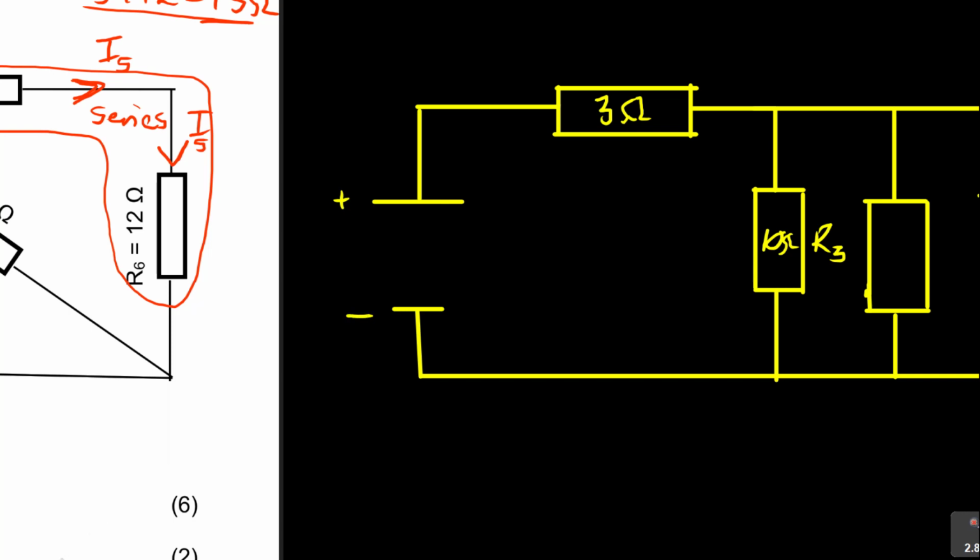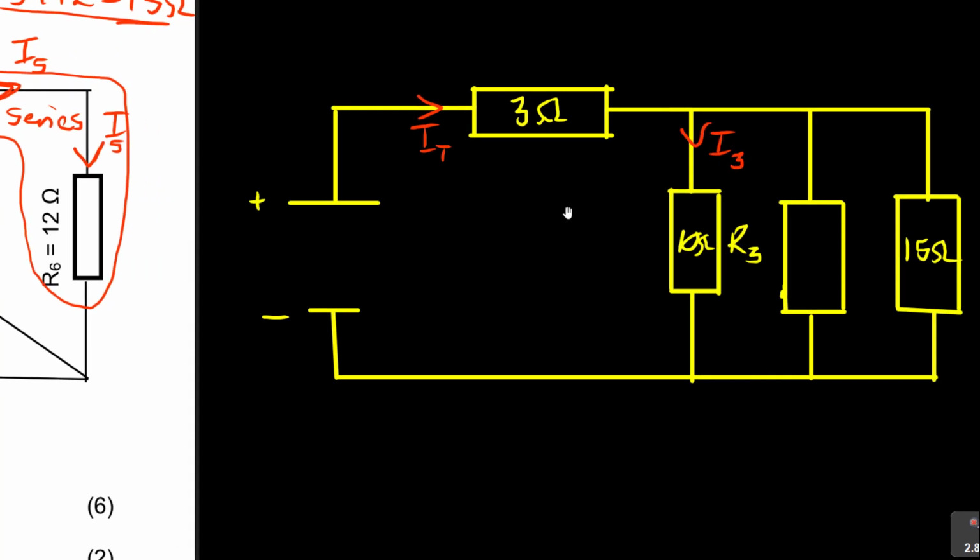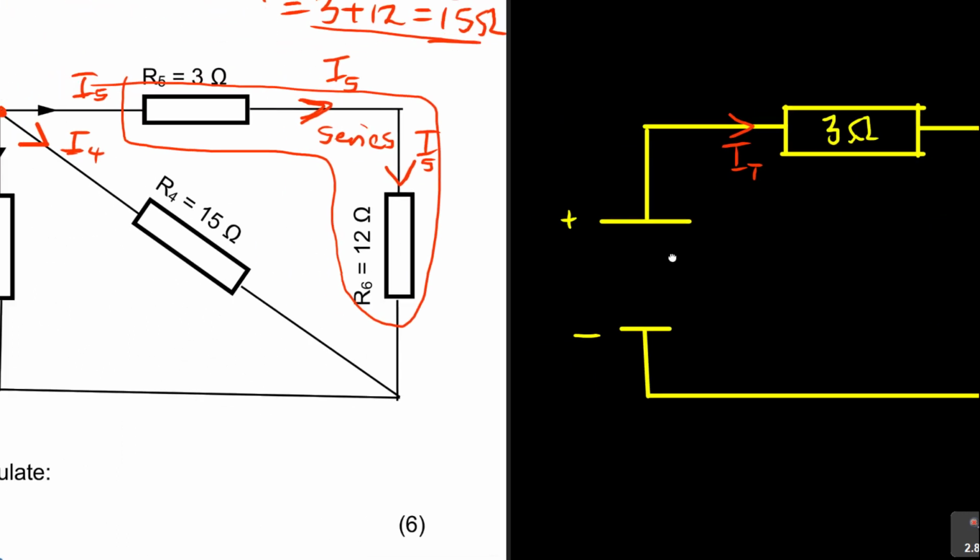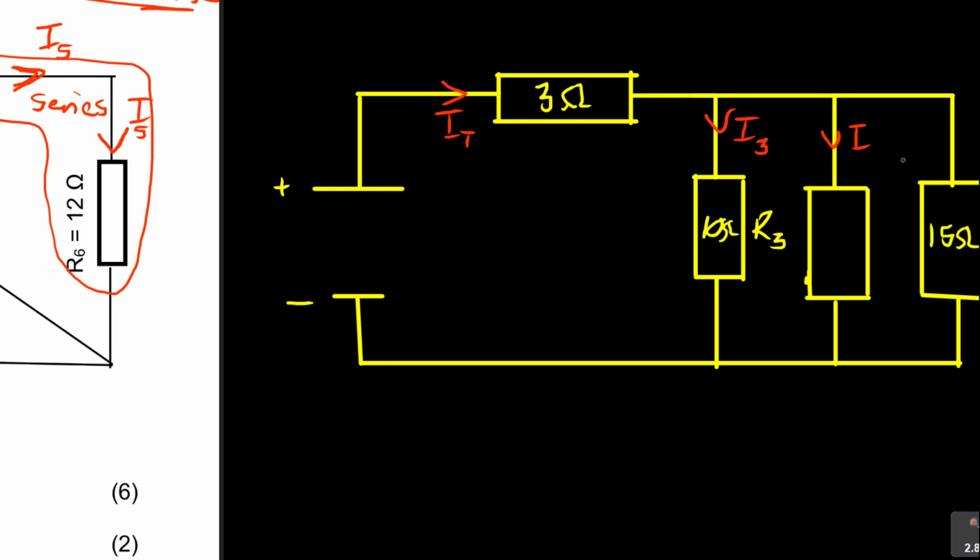Look at the flow of current, what I'm trying to bring to attention here. This is your IT, and then we called this I3, right? And then the current coming here will be I4.